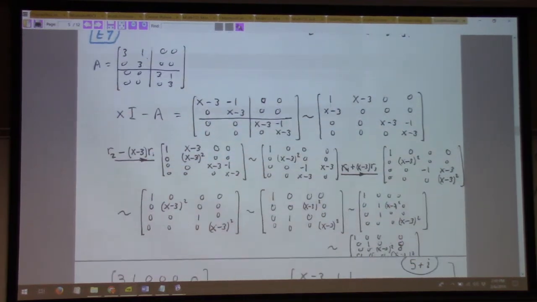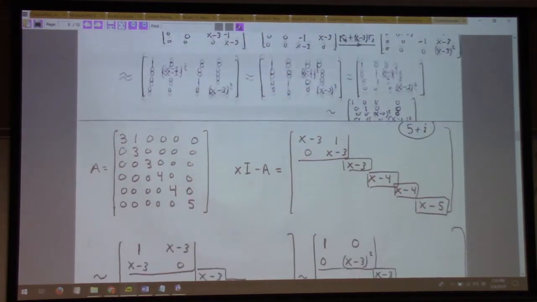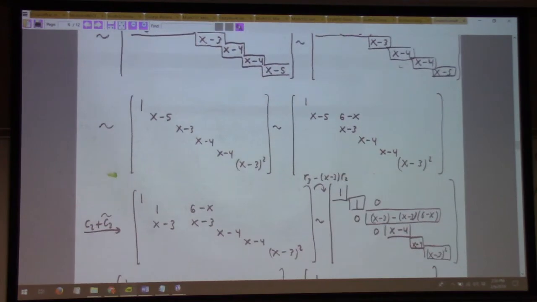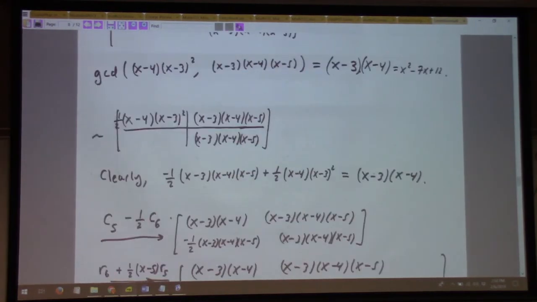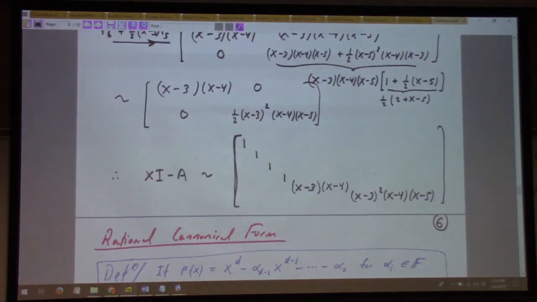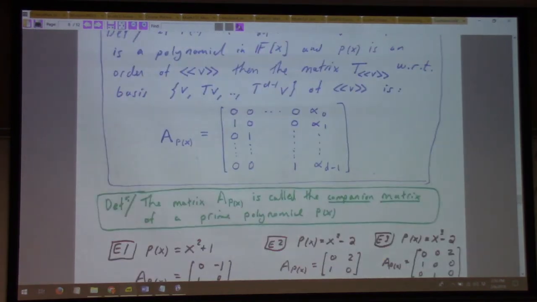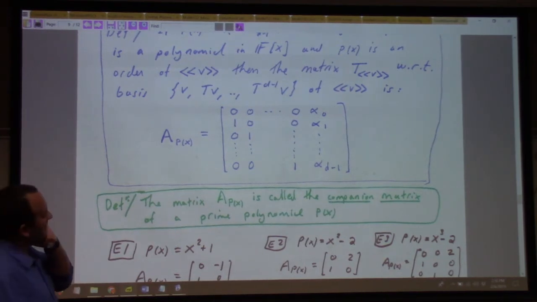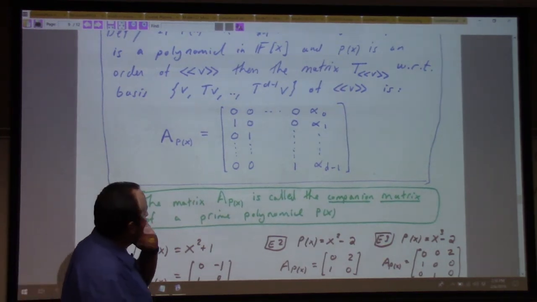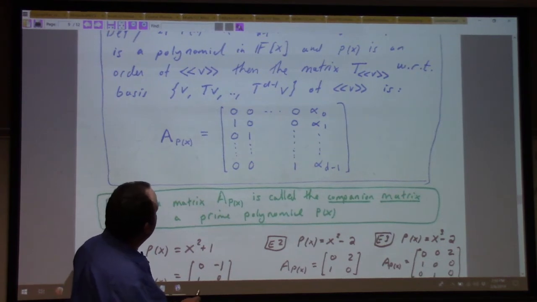So just a bunch of examples in here. While I've got this out, oh my goodness, that's quite the example. This notation is from Rotman. The angle brackets with V is the span of these guys.